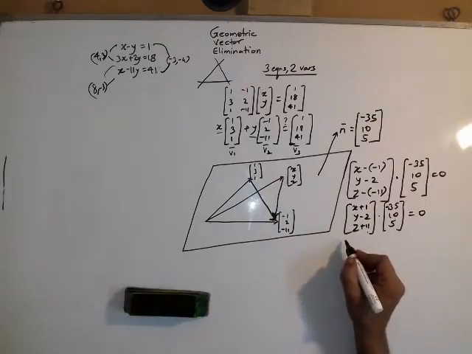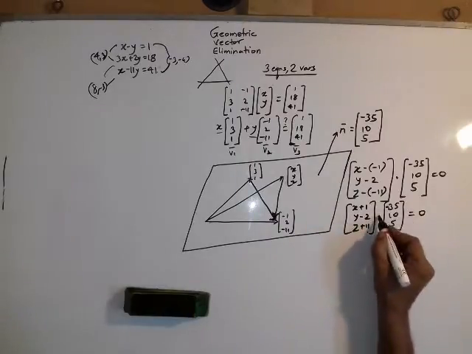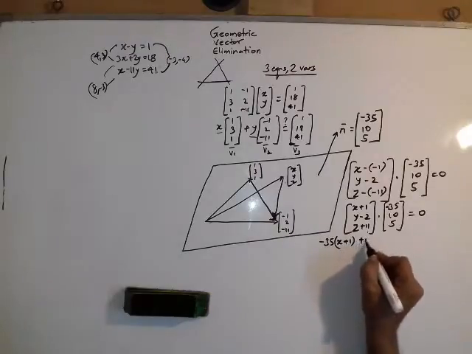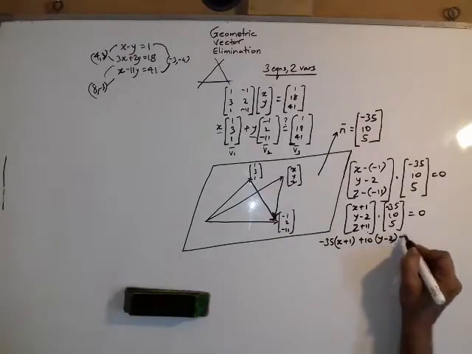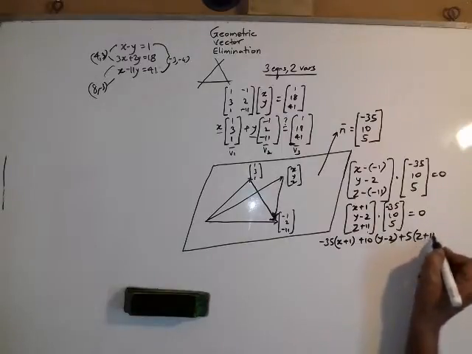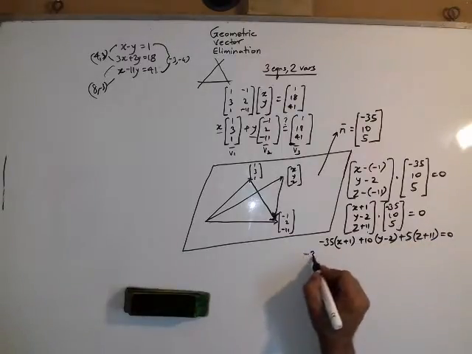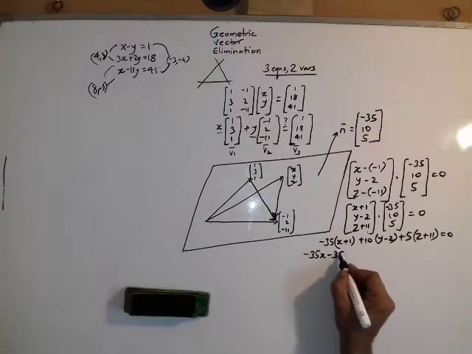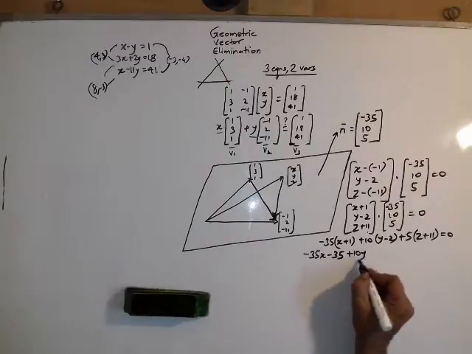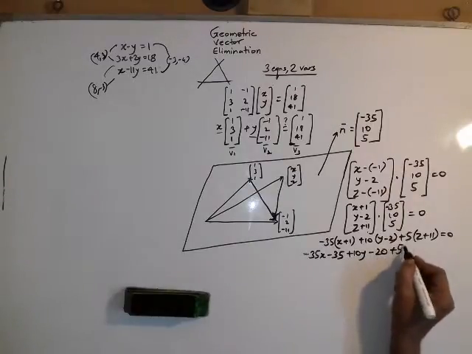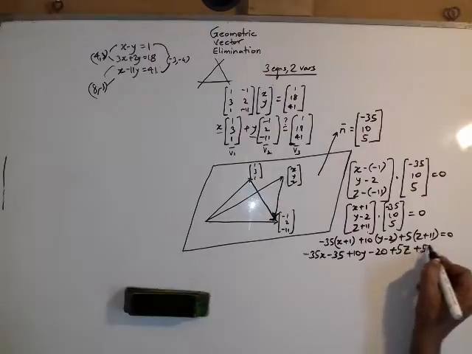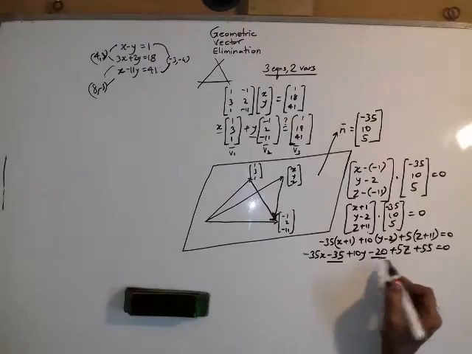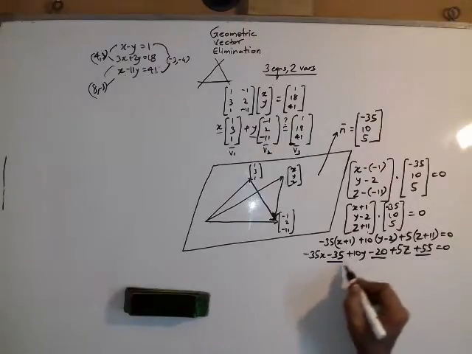So if we calculate the dot product here, minus 35 into x plus 1, plus 10 into y minus 2, plus 5 into z plus 11 is equal to 0. That's minus 35x minus 35 plus 10y minus 20 plus 5z plus 55 equals 0. Looking at the constant terms, minus 35 minus 20 gives minus 55, and plus 55 zeroes that out.